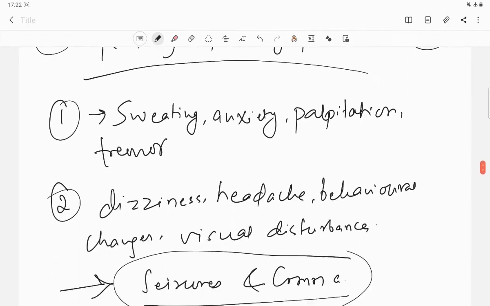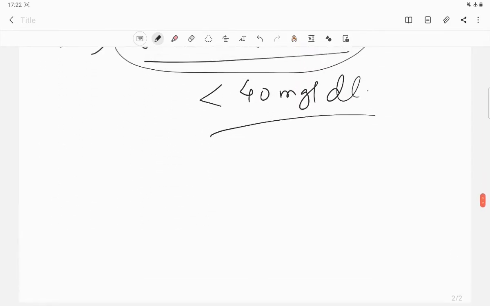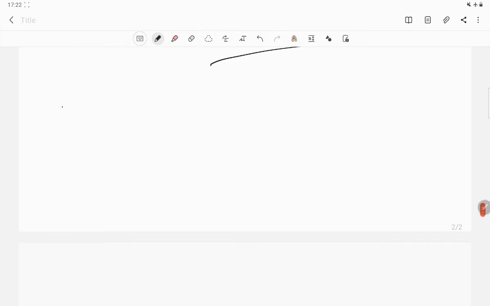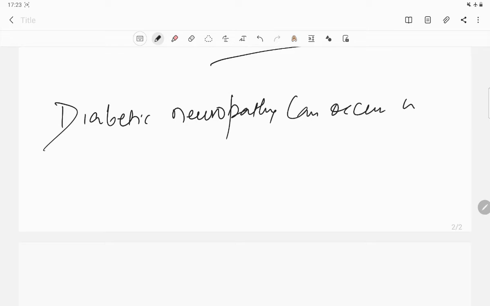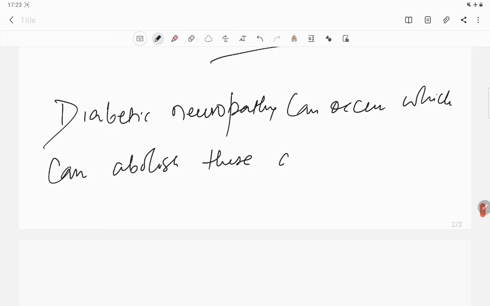But what happens is, after long term diabetes, diabetic neuropathy can occur, which can abolish these autonomic symptoms of sweating, palpitations, tremor, and anxiety.